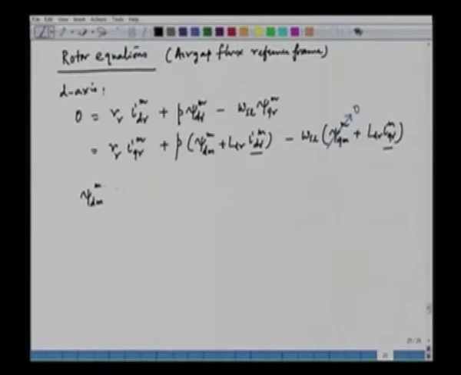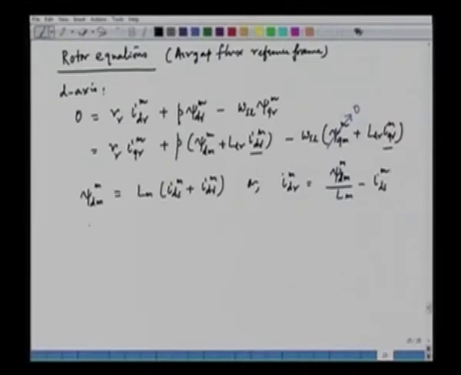So psi dm equal to Lm into ids m plus idr m, or we can say that idr is equal to psi dm by Lm minus ids.